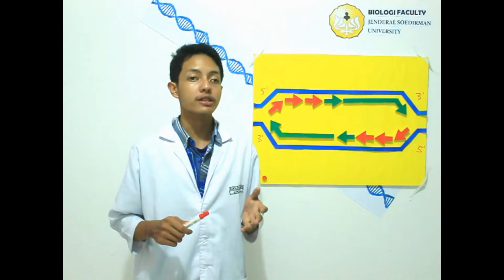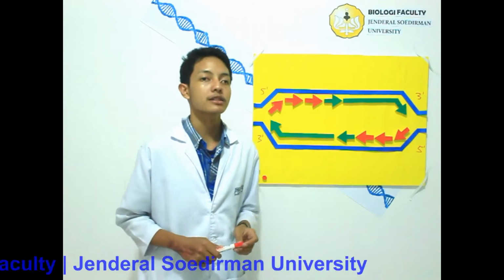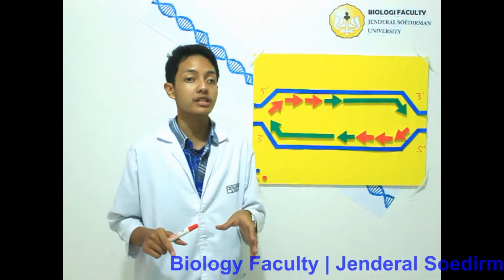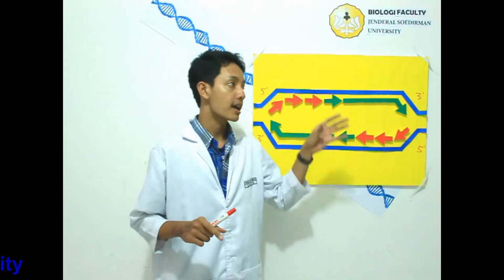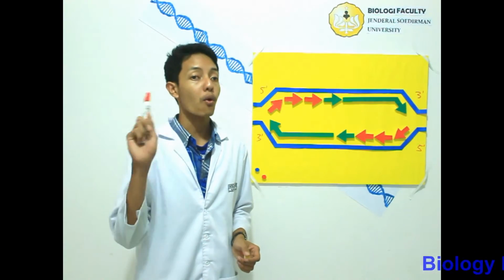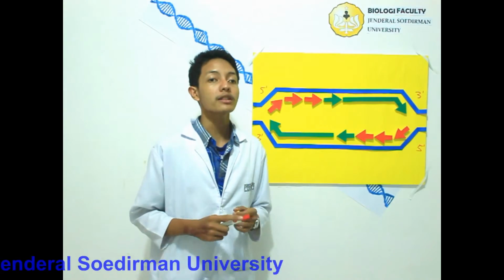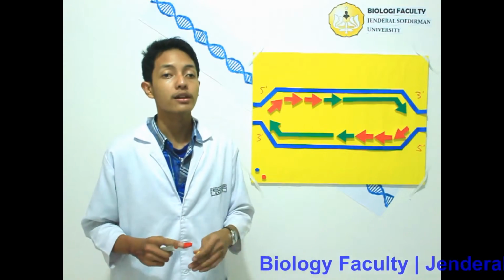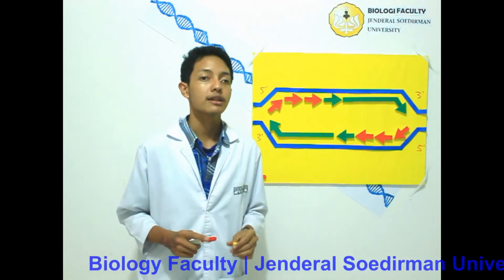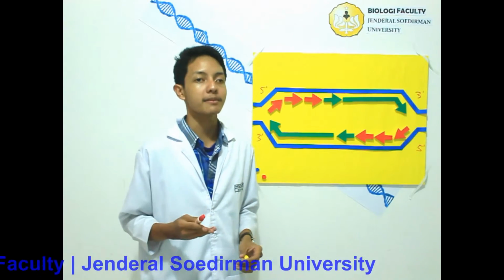Because synthesis in the lagging strand takes place in pieces, are the new nucleotides in replication still in pieces after the replication ends? The answer is no, because when the primer is removed, DNA polymerase I takes its role by using the backstitching mechanism.